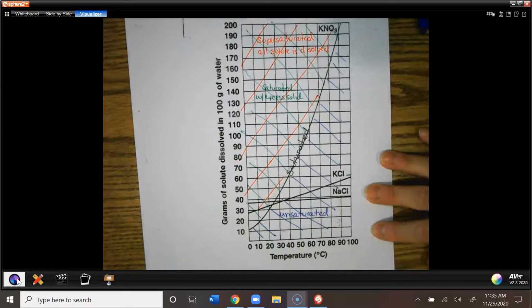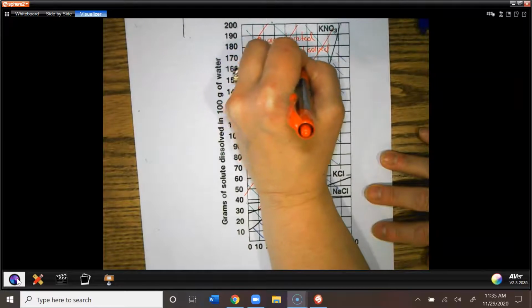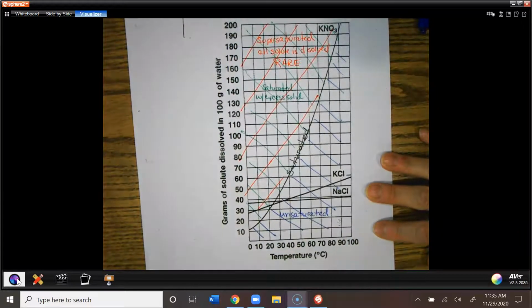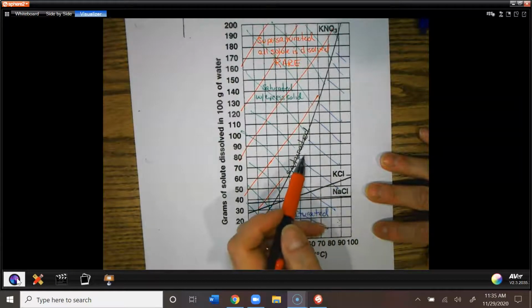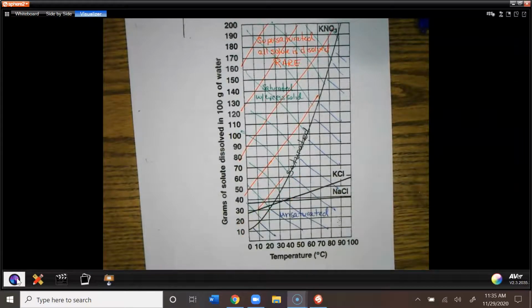It super saturates. That's very rare. Again, even on the organizer that you have, I have the word rare down there. That's a very rare situation. To have a solute go above the saturation point and stay dissolved is not easy to do. I've got a video that I'm going to show you and we'll talk about how that all works.